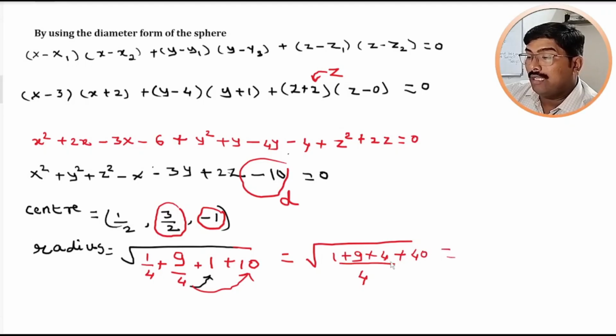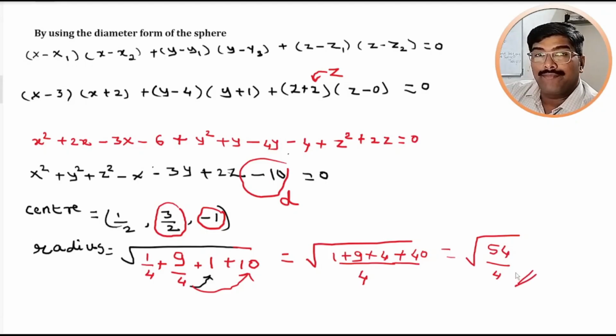So in total you will get square root of 44 plus 10 is equal to 54 divided by 4. So this is the radius of the sphere.